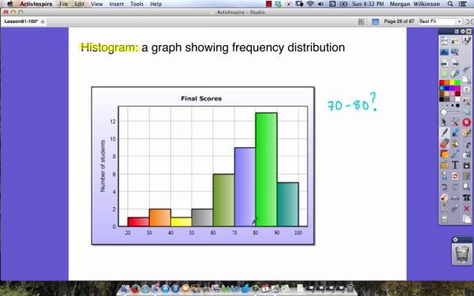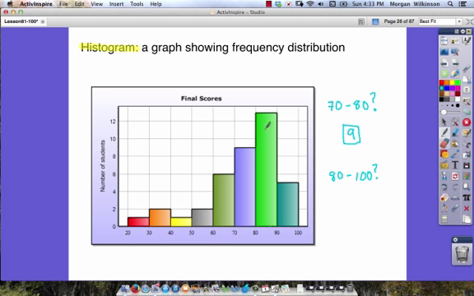Well, here's our bar between 70 and 80, so this goes up halfway between the 8 and the 10, so it must be a 9. And we can use this histogram to figure out more questions. We could also ask how many scored from 80 to 100. Well, 80 to 100 is these two bars put together.